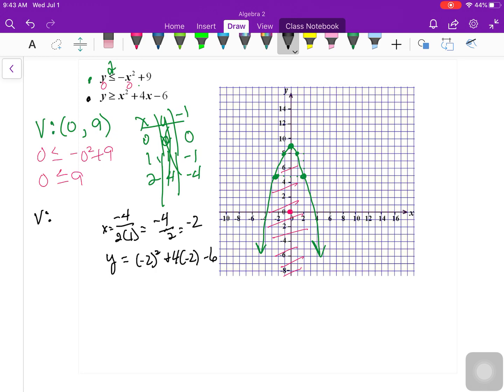When I substitute that back in, y equals negative 2 squared plus 4 times negative 2 minus 6. That is 4 minus 8 minus 6, which is negative 10. So I get negative 2, negative 10.